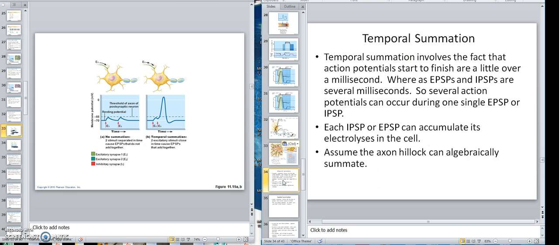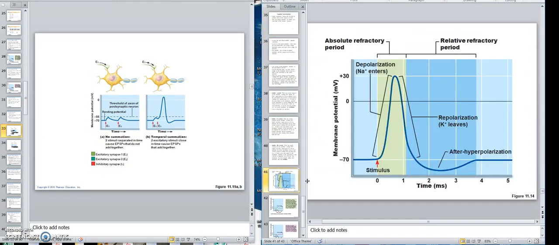All right. The key to temporal summation is to understand this: the fact that action potentials start to finish are a little over a millisecond total, whereas an EPSP and IPSP are several milliseconds. So let's see if I can find that. All right. Here's an action potential.